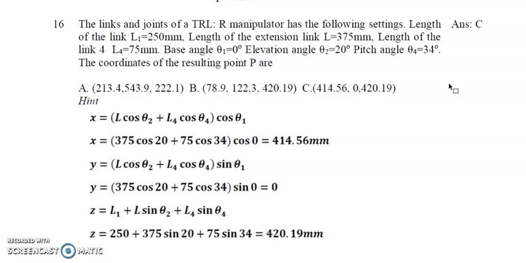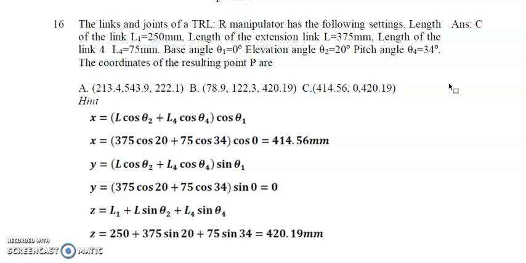If you go through the derivation part, then you will understand what L is, what L1 is, what L2 is, instead of just saying L1, L2, L3. So please refer to the book, Robotics and Automation; the author name is Dale.